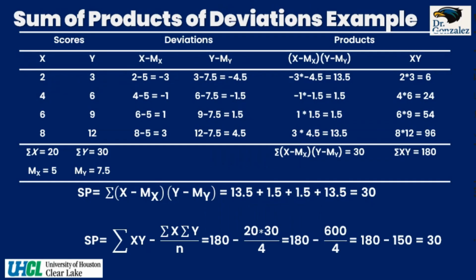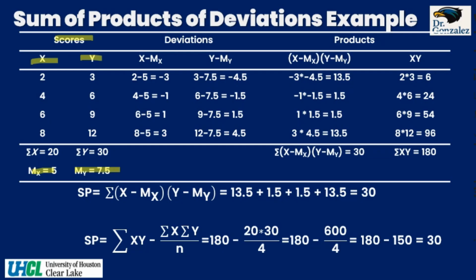So here I have a chart, and if you break this down by the formula, you're going to see that I have some scores for the x variable and y variable. Look, m sub x is 5 and m sub y is 7.5. So that's my means, right? And my sum of x is 20 and my sum of y is 30.